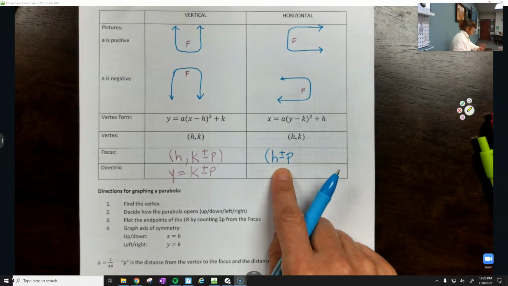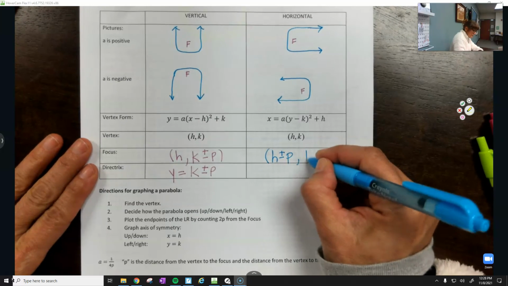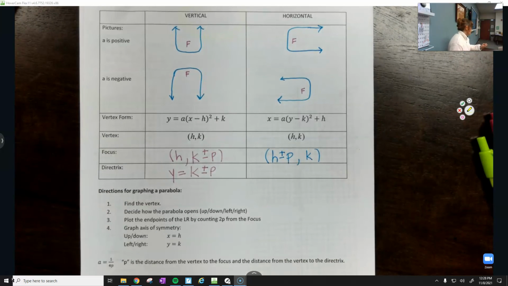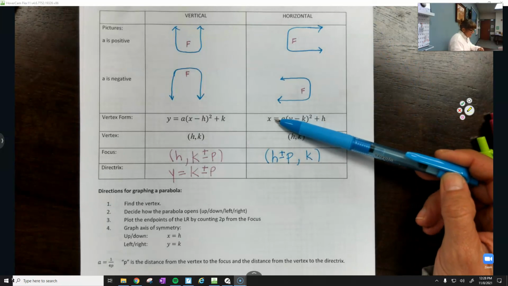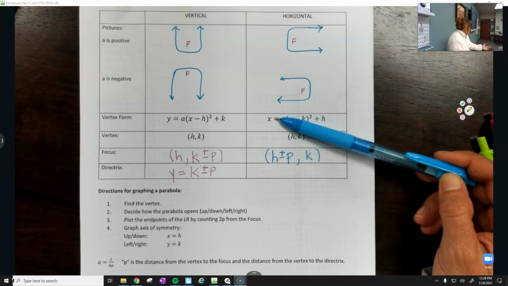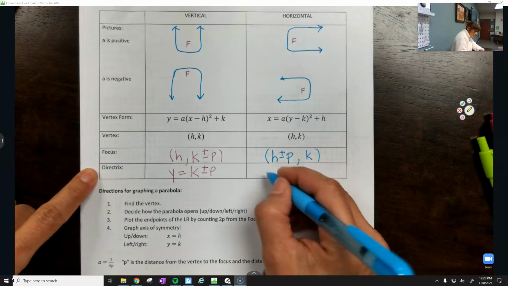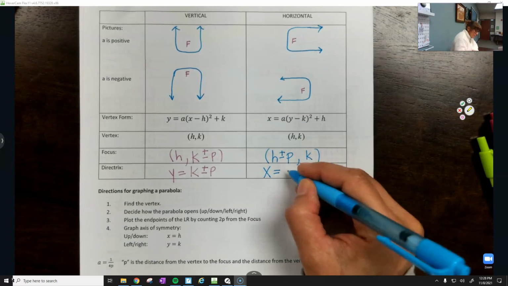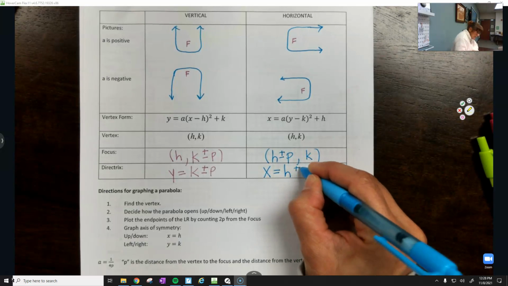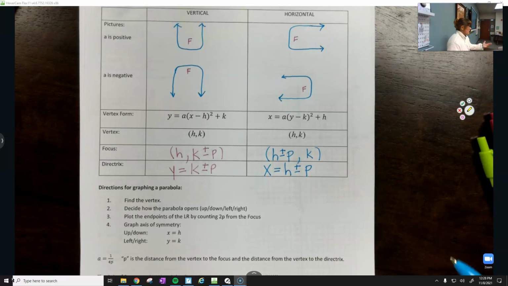The focus never moves up or down. Also, whatever letter starts the horizontal parabola is going to be the same letter that starts the directrix. And remember, you're going to go in the other direction of the focus.